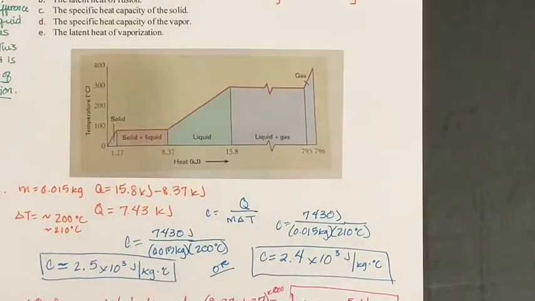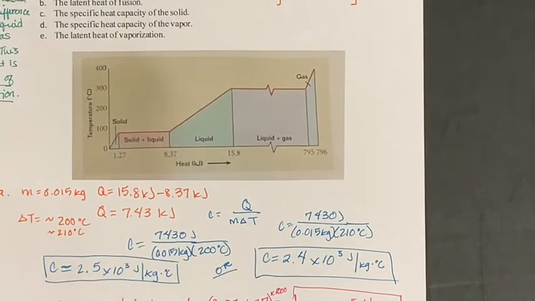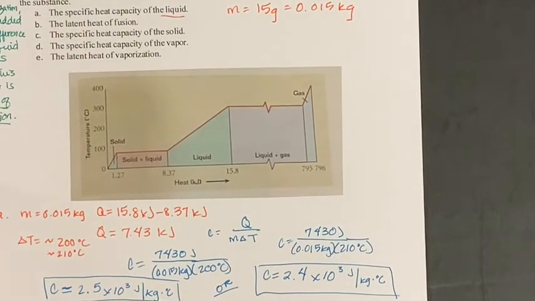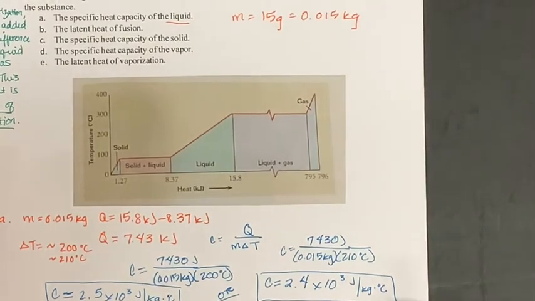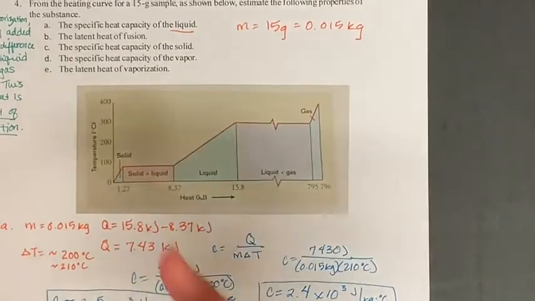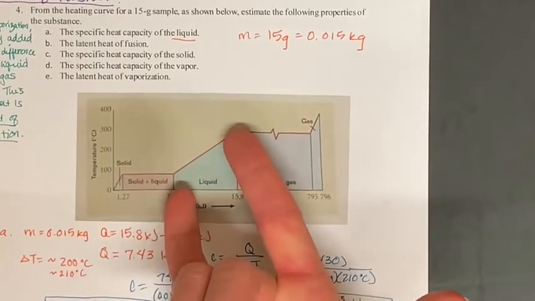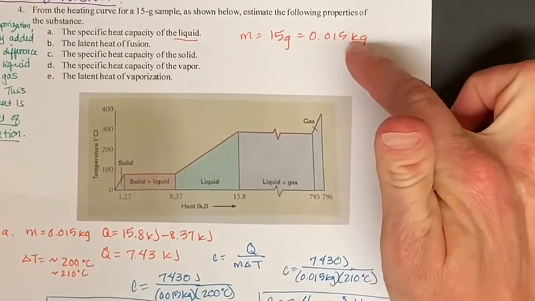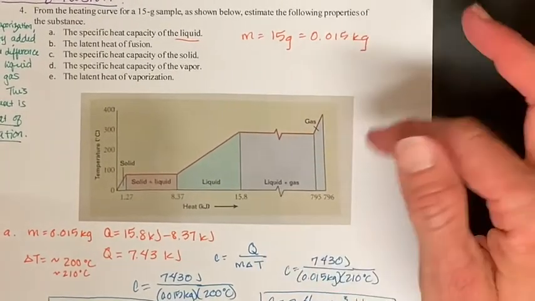So we're going to practice this here on our graph. It's not a great picture, but I really liked this question. From the heating curve of a 15-gram sample, estimate the following properties of the substance. Now remember, 15 grams is 0.015 kilograms. First, we're going to look at the specific heat capacity of our liquid, so we're looking for C. We have a mass, 0.015 kilograms.